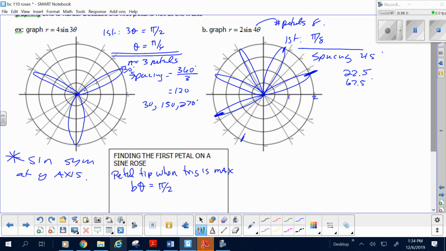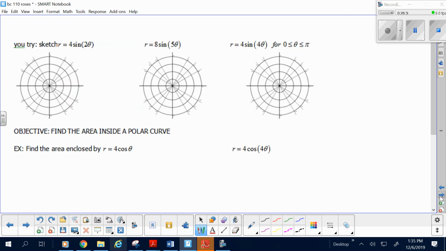And here's a pi over 8. And here's a pi over 8. And here's a pi over 8. 8 petals, we? Okay, is that symmetric at the y-axis, even though it's not on the y-axis? Yeah, it's symmetrical at the y-axis. Okay, that said, try 4 sine 2 theta on your own.